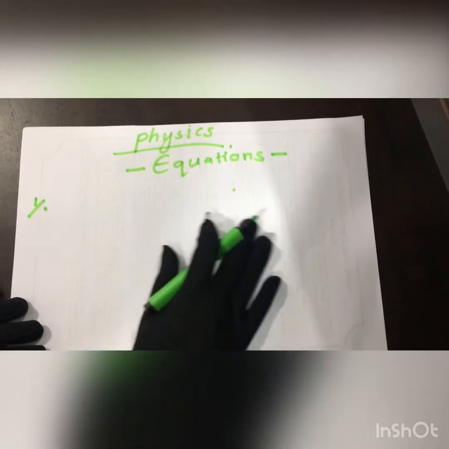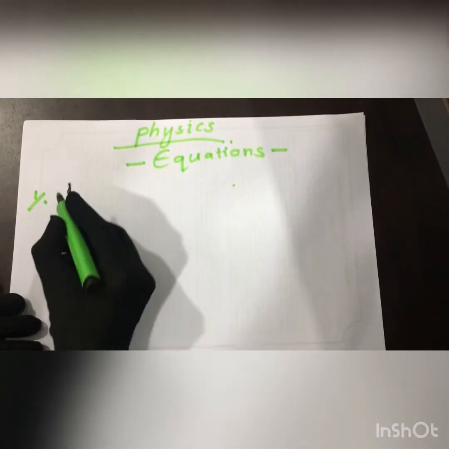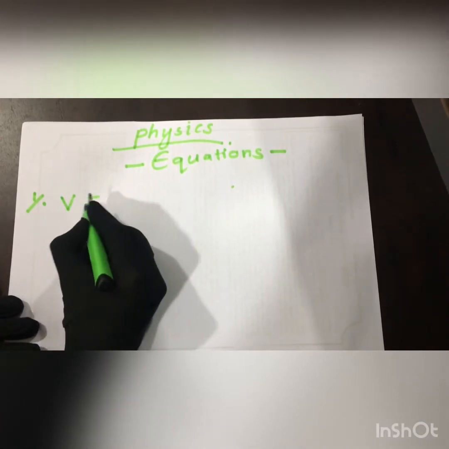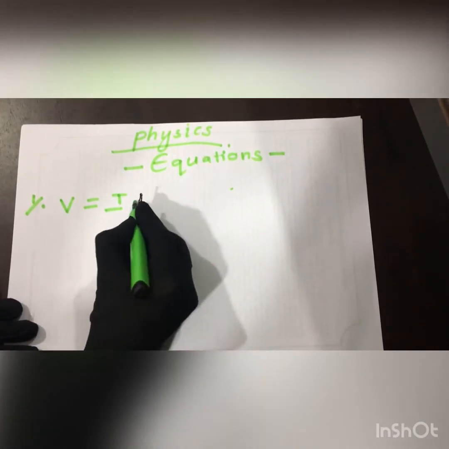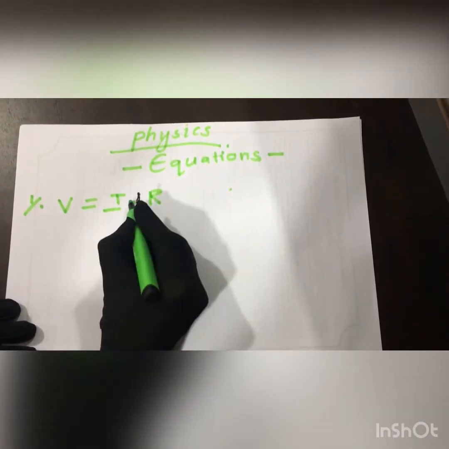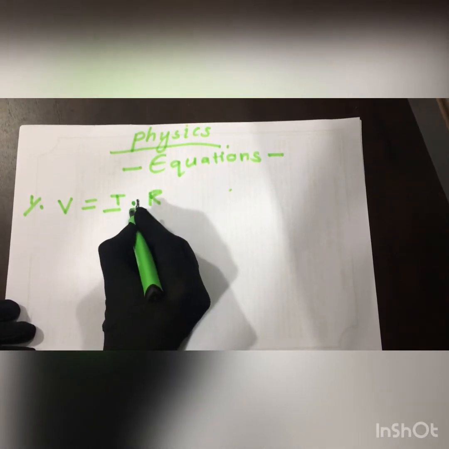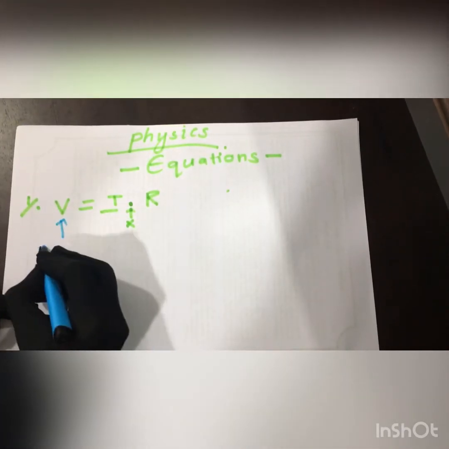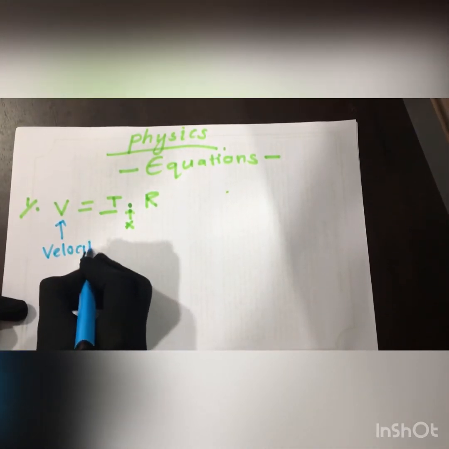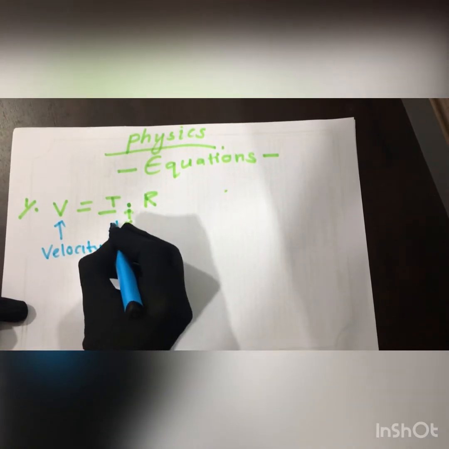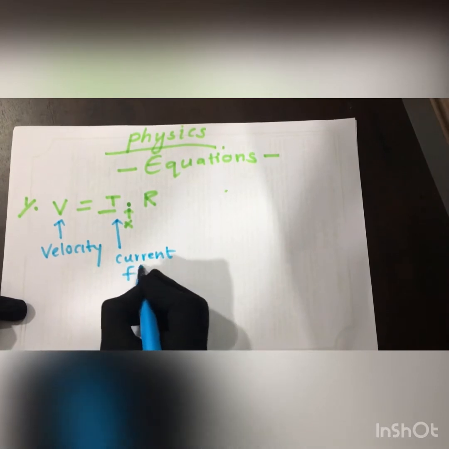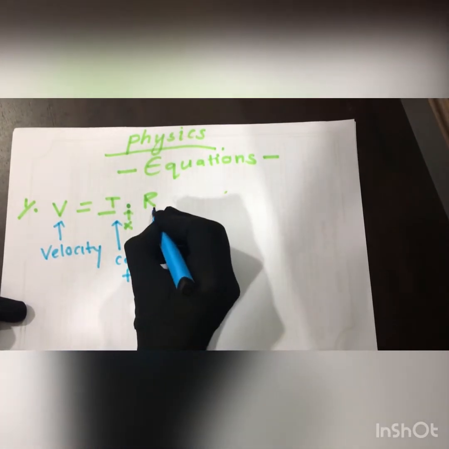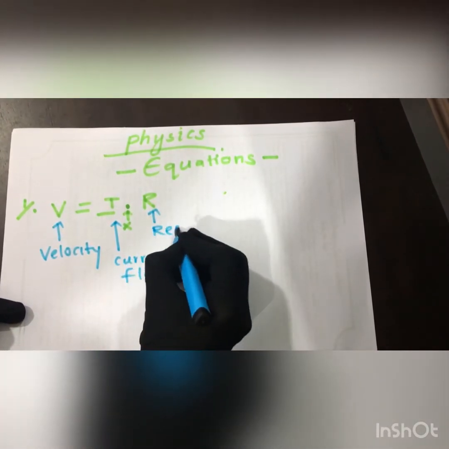The first equation: V equals I into R. The dot here says it is multiplication. V is the voltage, I is the current flow, R is the resistance.